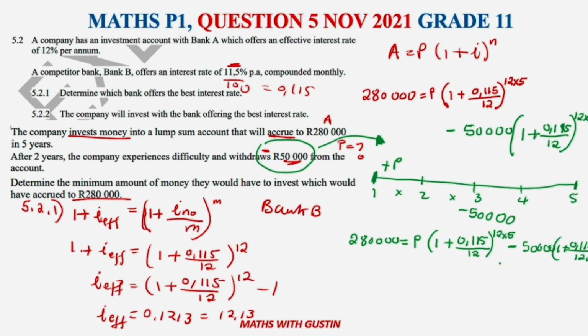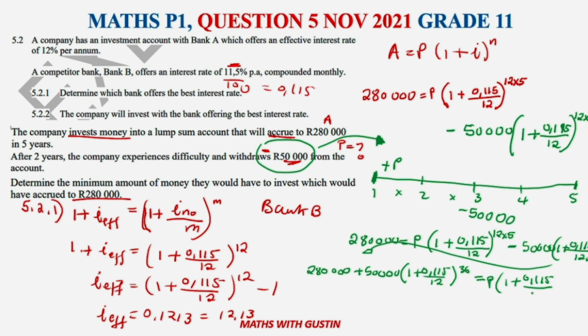All right, so what you can do, you're gonna bring this 50,000 to that side of the equation, so that we're looking for P. So we are gonna have (250,000 + 50,000)(1 + 0.115/12)^36 is equals to P (1 + 0.115/12)^60.